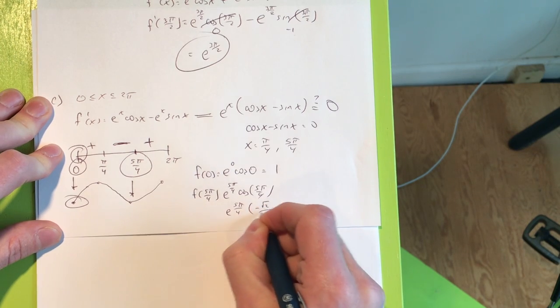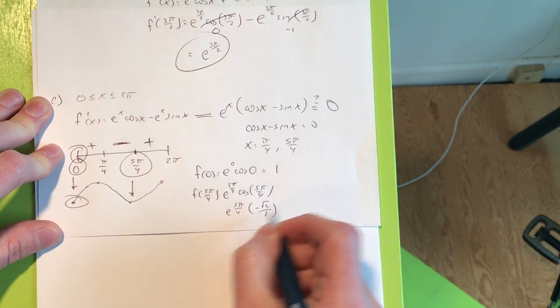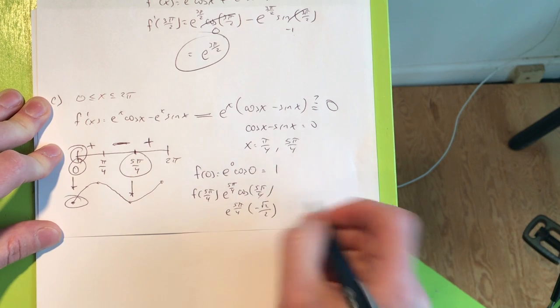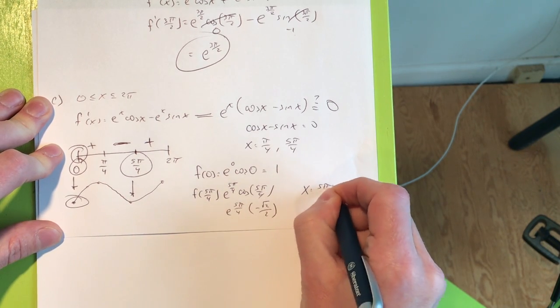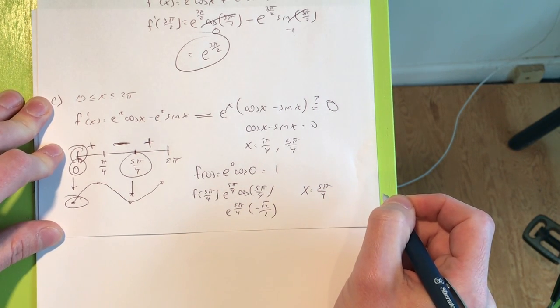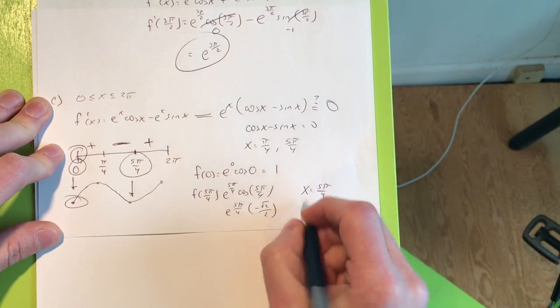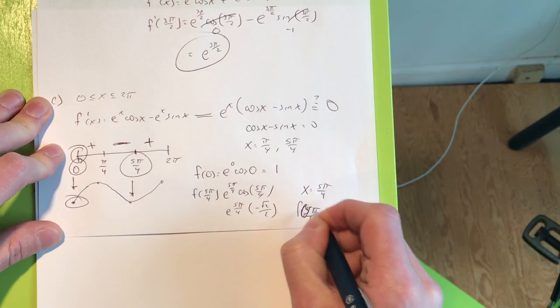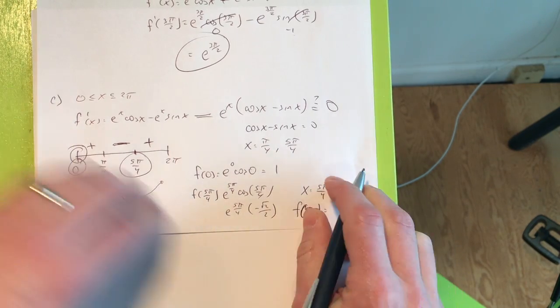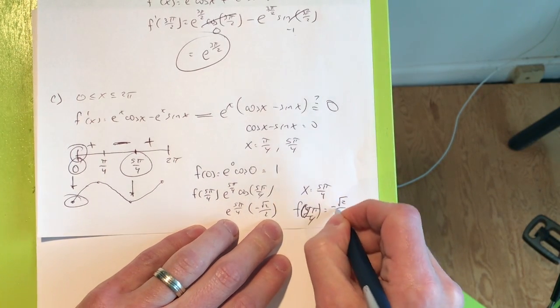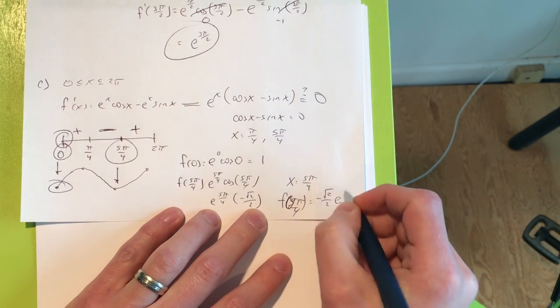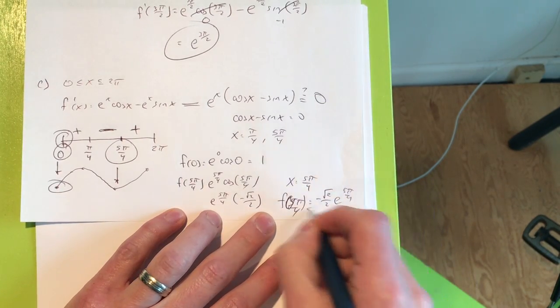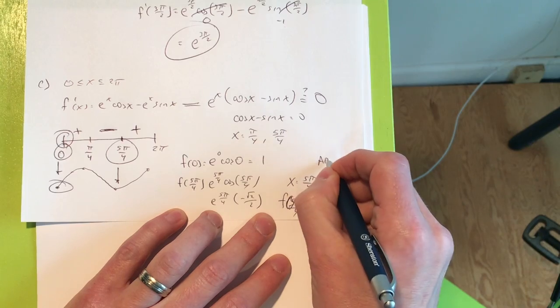That's negative root 2 over 2. That's definitely less than 1. So x equals 5 pi over 4. F of 5 pi over 4, whatever that comes out to be, negative root 2 over 2 e to the 5 pi over 4 is our absolute minimum.